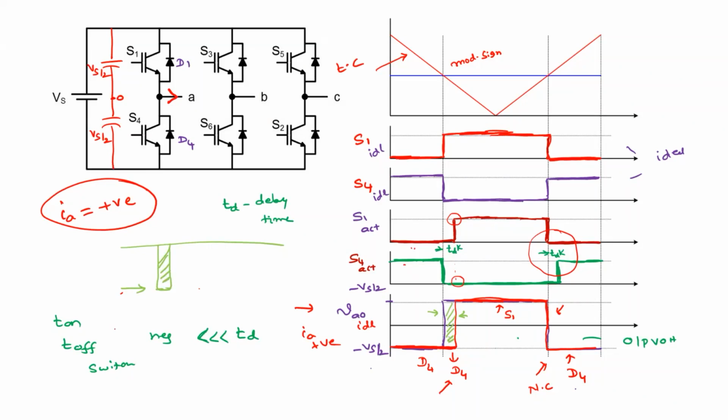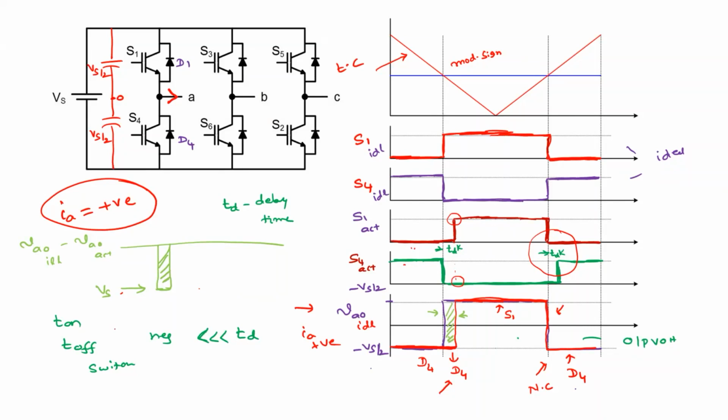The peak to peak is Vs. So we are subtracting the ideal minus the actual pole voltage, VS0 ideal minus VS0 actual. So it will be Vs only, agree?